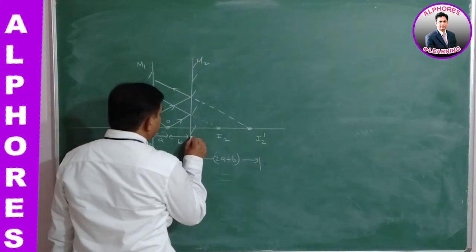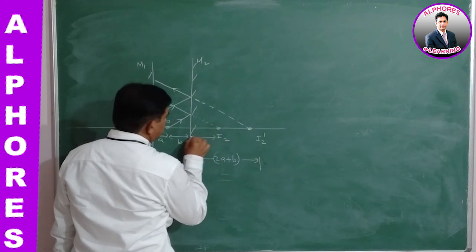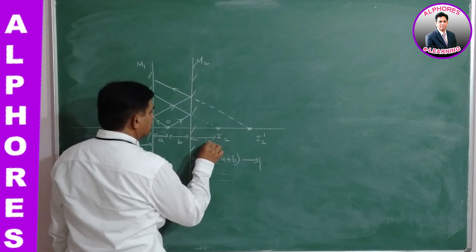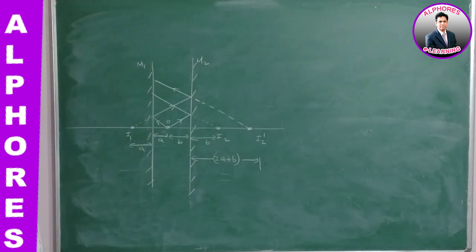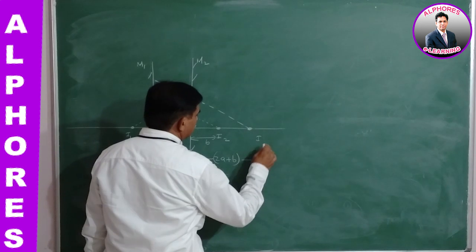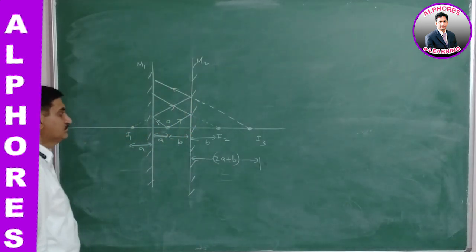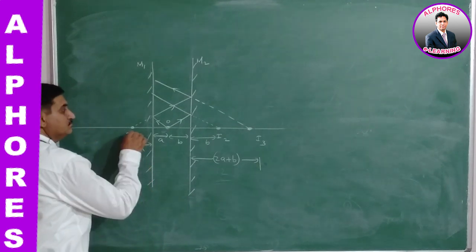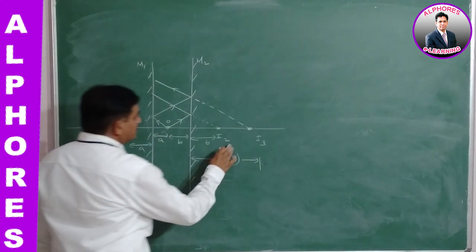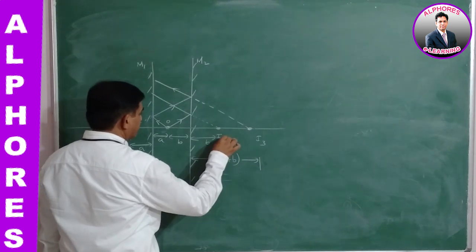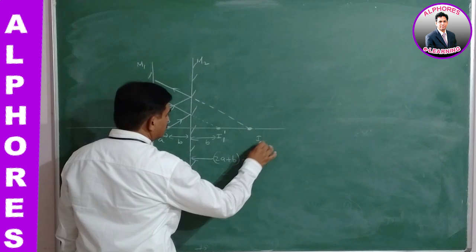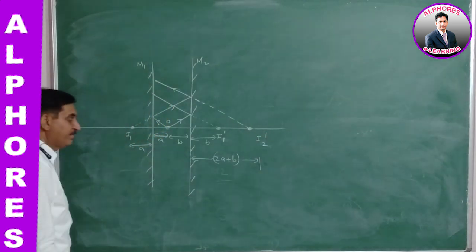Now this is B, again this is also B. I2, I3, say it is. This is I1. This is also taken as 1 dash. This is 2 dash.